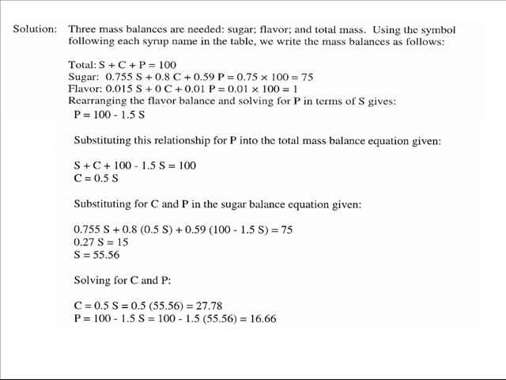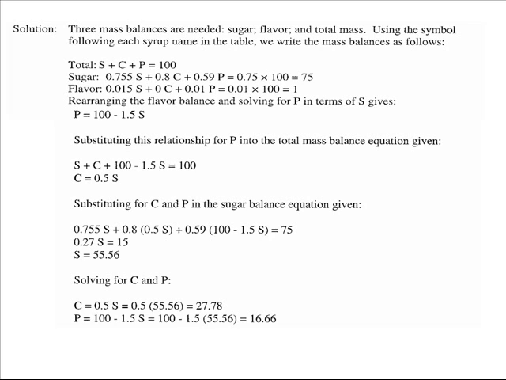Rearranging the flavor balance and solving for P in terms of S gives P is equal to 100 minus 1.5 S. If you look back at the flavor equation, you can see that the corn syrup, because there is no flavor in it, falls out of the equation.